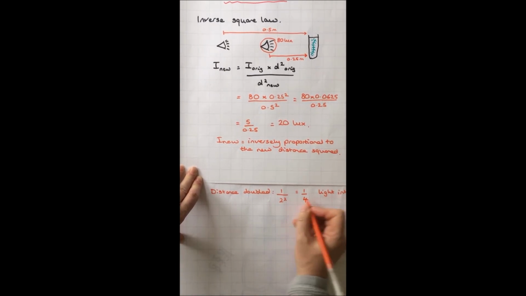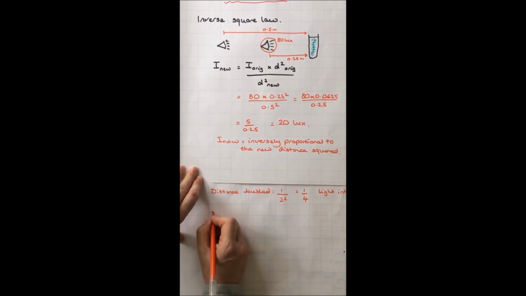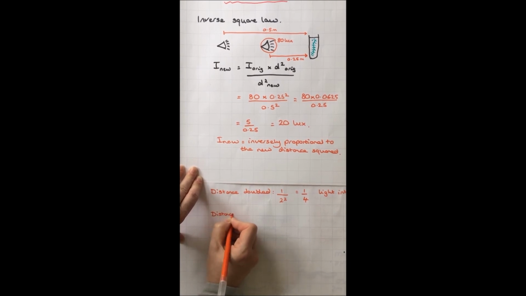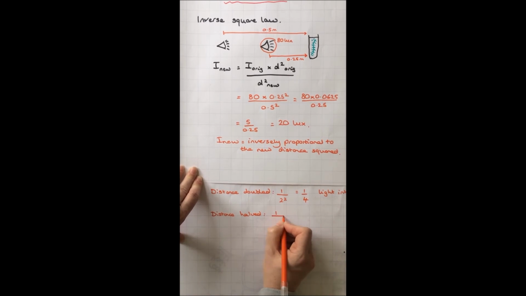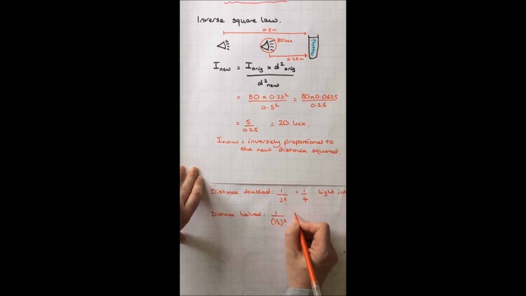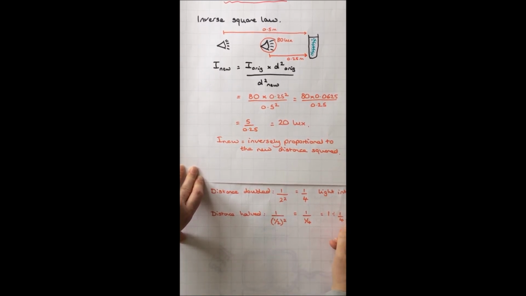If, however, my distance is halved, my value is still inversely proportional, so I do 1 divided by a half squared, which is the same as 1 divided by a quarter. In maths, if you're dividing by fractions, remember you flip this one over and then multiply it.